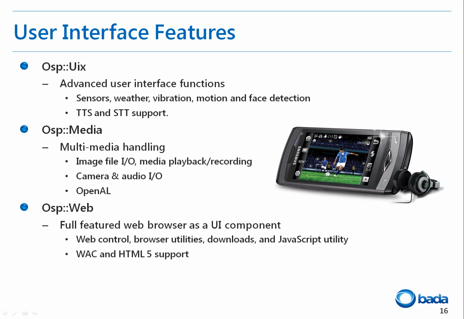The bada UI extensions provide ways of using the device in unconventional ways and give you access to built-in sensors. The main features of the UI extension namespace include face detection and recognition, locating a face in a camera preview or in a still image, finding the identity of a face in a camera preview or in a still image, speech recognition and synthesis, using speech to text to convert spoken words to text, and using text to speech to convert text to speech.